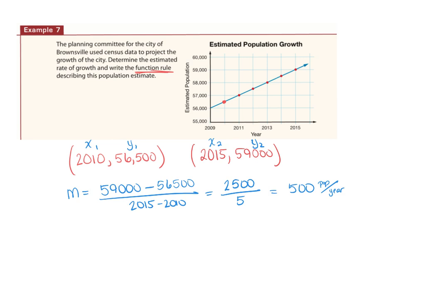Well, we're not done yet, right? Because they want the function rule. So I have to figure out my y-intercept. While this represents a y-intercept here, they didn't go all the way down. And so I'm actually looking for a 0 when I'm calculating this, which is actually going to be a negative number.